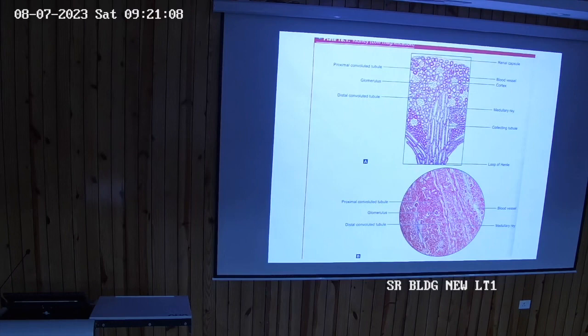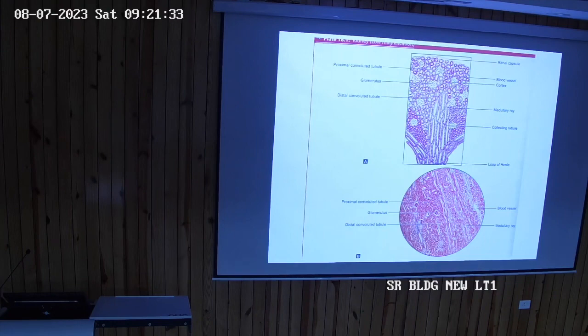These are the glomeruli surrounded by Bowman's capsule. Another thing, we will find a large number of proximal convoluted tubules, PCT. Second, the distal convoluted tubules are also present. So all these structures are present in the renal cortex.